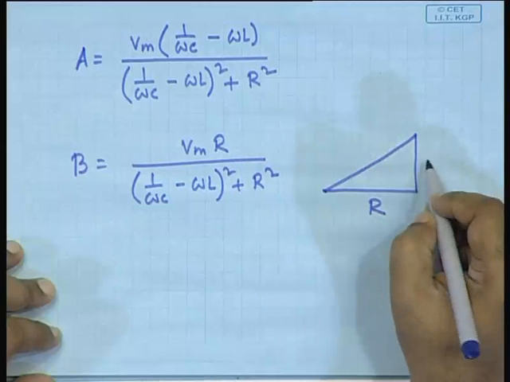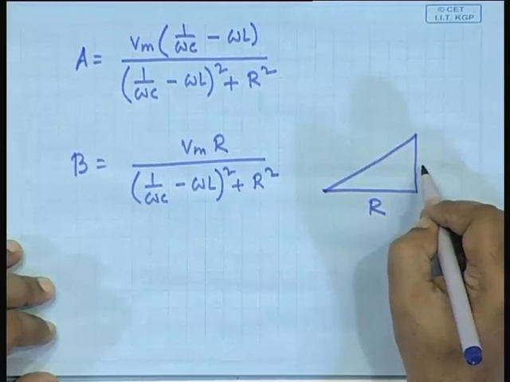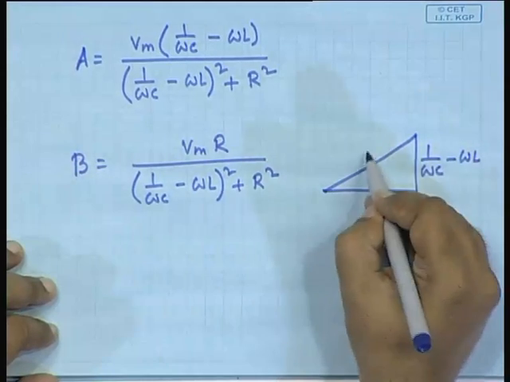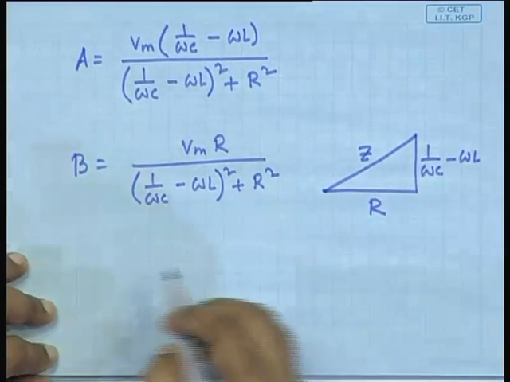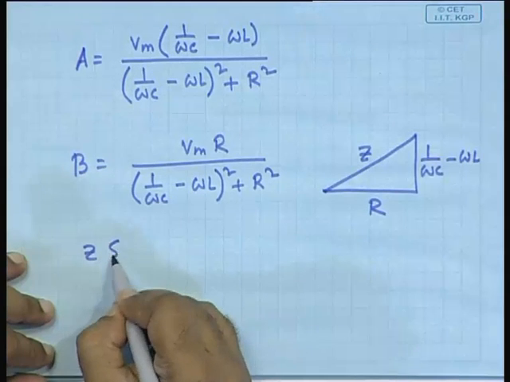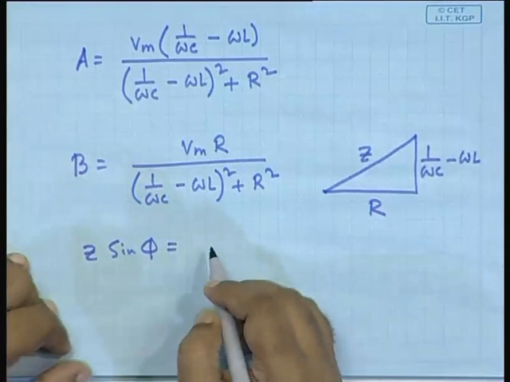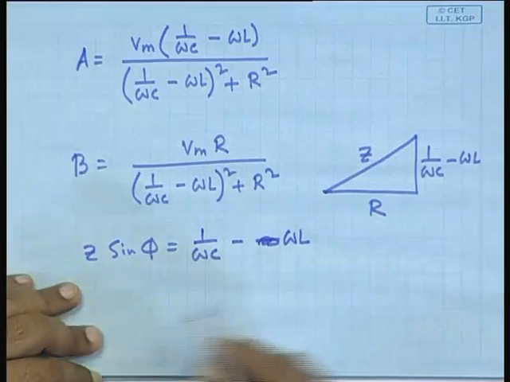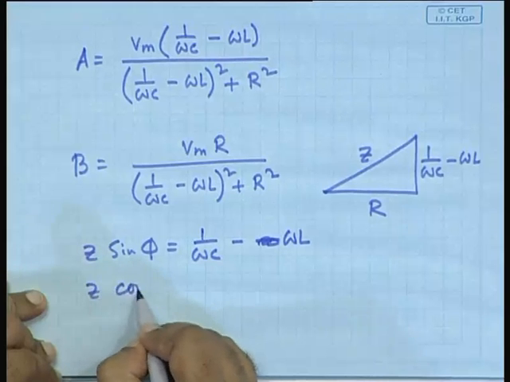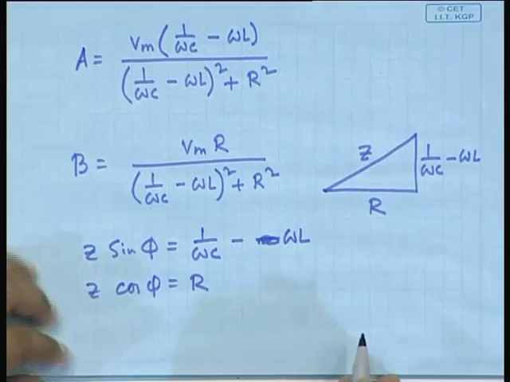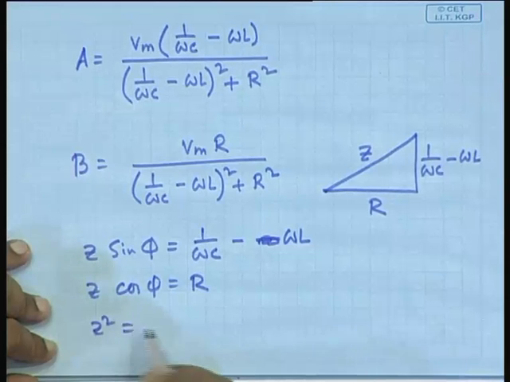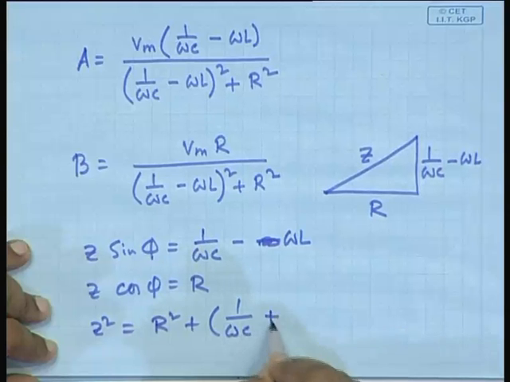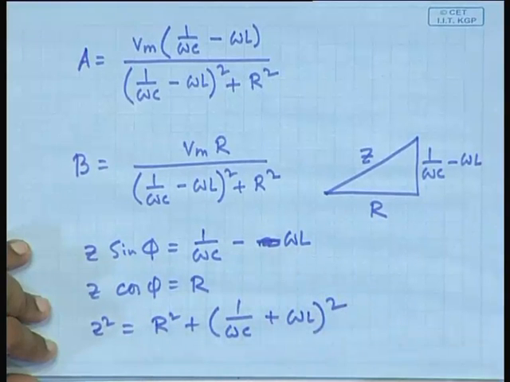Here it is r, here it is 1 by omega c minus omega L, here it is z, which means your z sin phi is 1 by omega c minus omega L, and z cos phi is equal to r, and you have z square is equal to r square plus 1 by omega c minus omega L square. Okay?